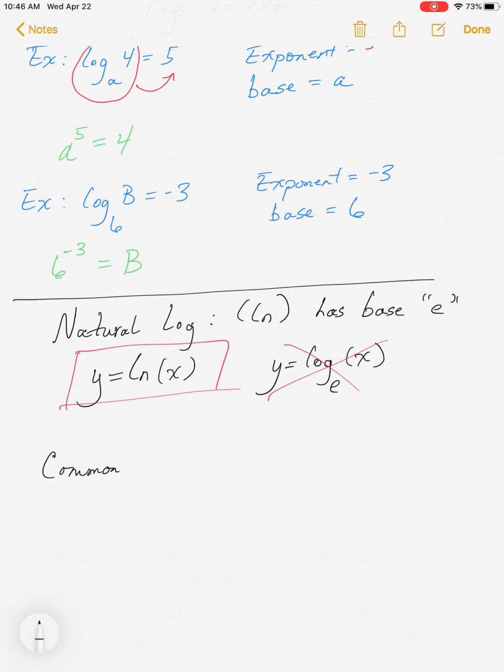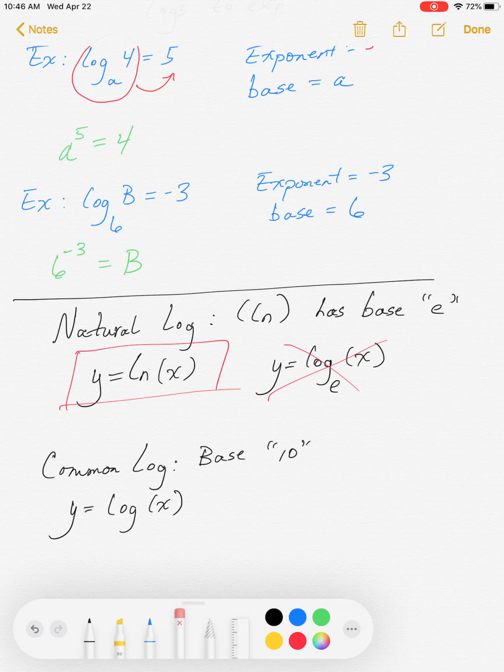Okay, we know that natural log has base e, and then we have common log. Common log has base 10. Normally you won't see a base written on common log. You just see y equals log of whatever your expression is. If you don't see a base there, it's understood that it's base 10 because that's common log.